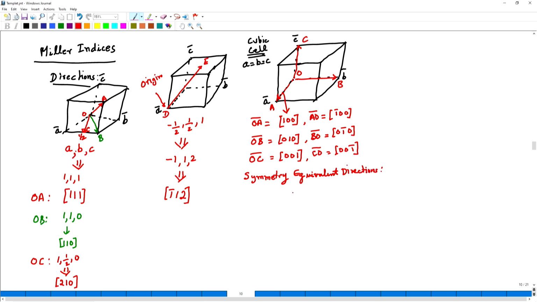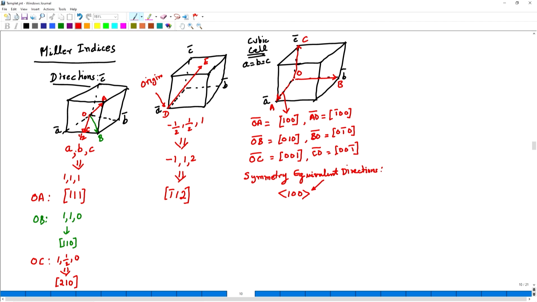And they can be represented by three indices put inside what are called angular or triangular brackets, indicating that we are not just taking one particular direction, but all the symmetry equivalent directions.